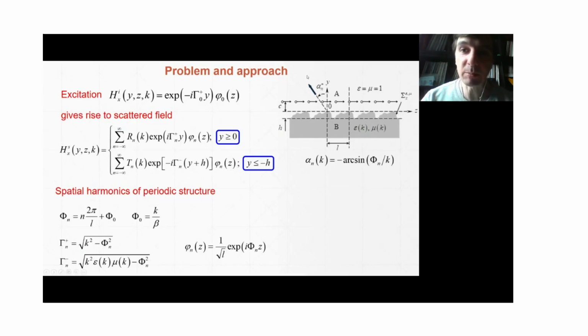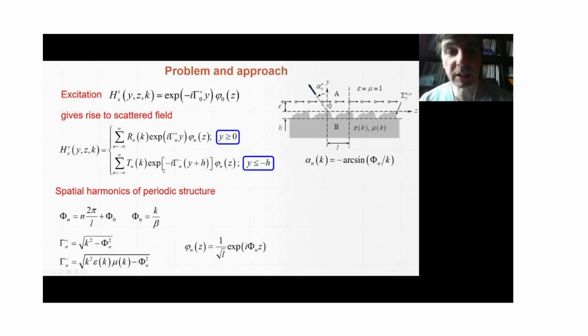It is illuminated by homogeneous or inhomogeneous H-polarized electromagnetic wave, which gives rise to a scattered field, which could be written in terms of space harmonics of periodic structure, above the structure and below the structure.